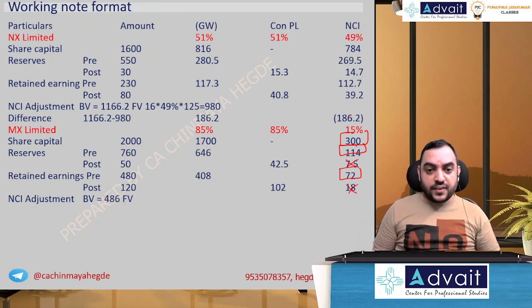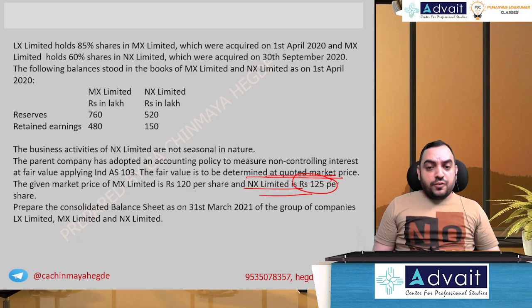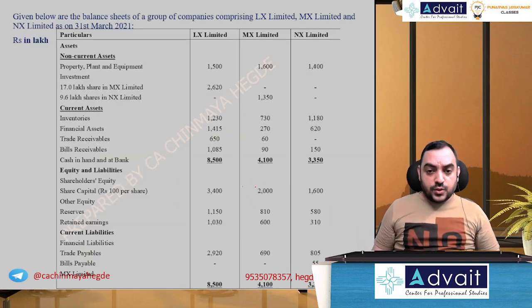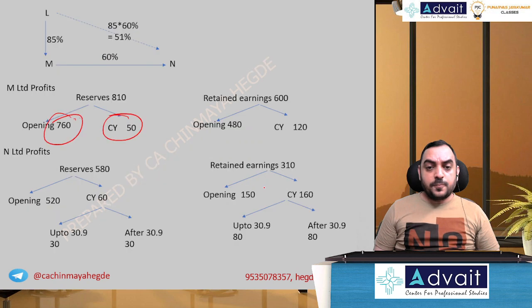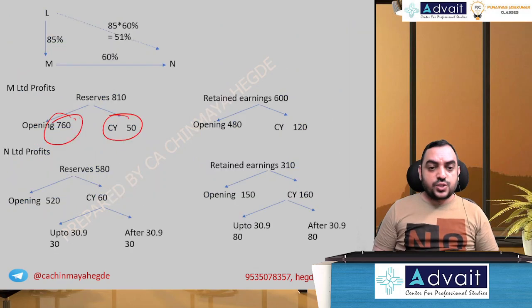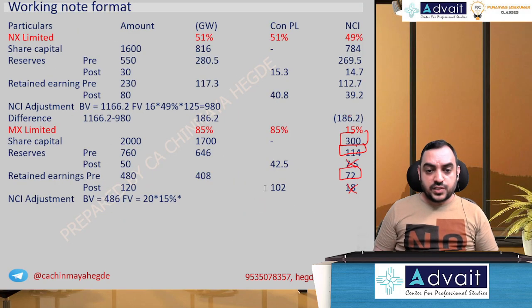So 300 plus 114 plus 72, that is 486. And fair value of NX Limited is 120 per share. And how much shares we have? 2000. If I take the 100 per share face value, that is 20 lakh. 20 lakh multiplied by 15%, and fair value is 120 per share. So 20 into 15% into 120, that is 360.